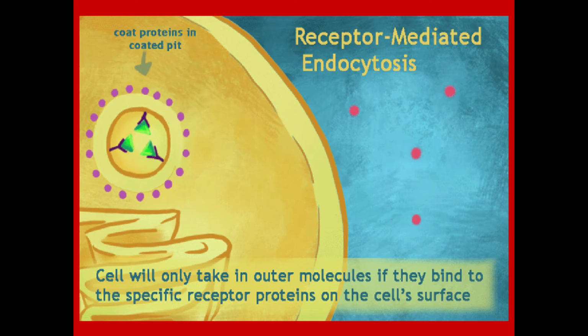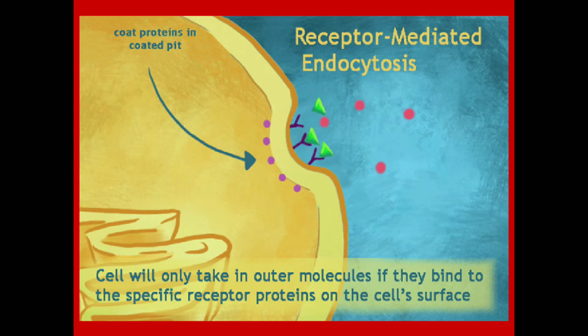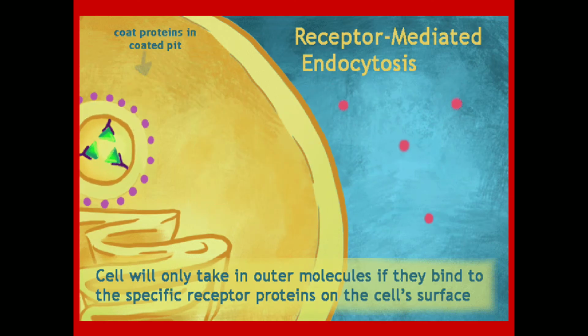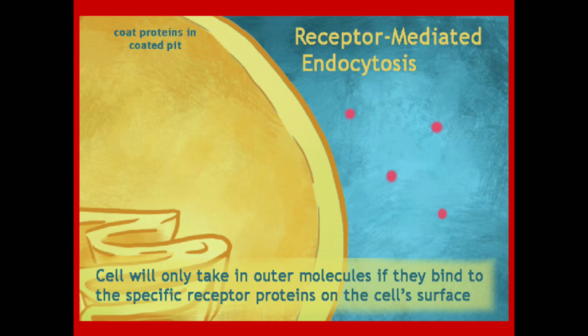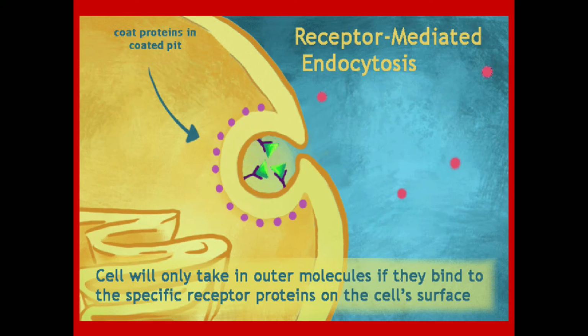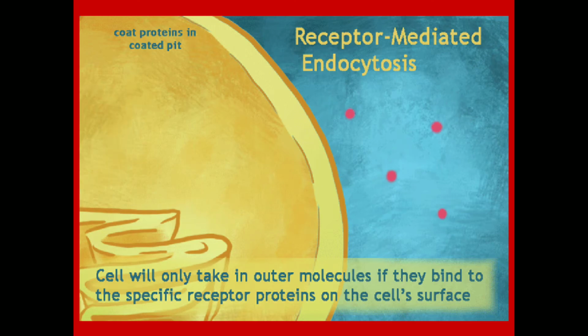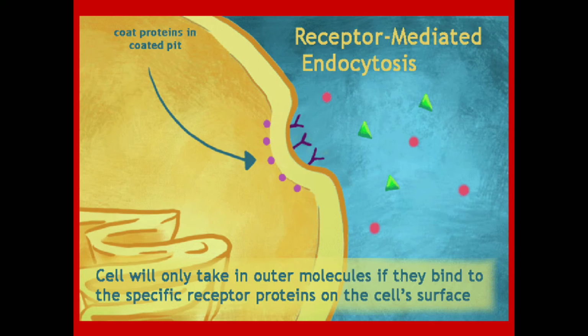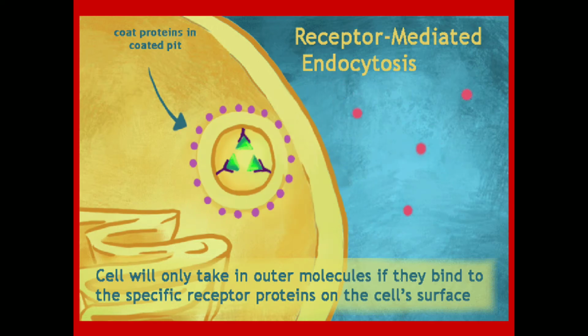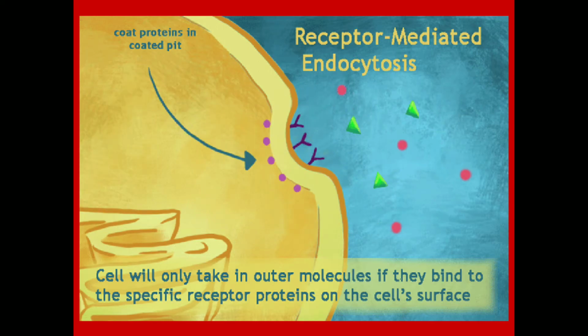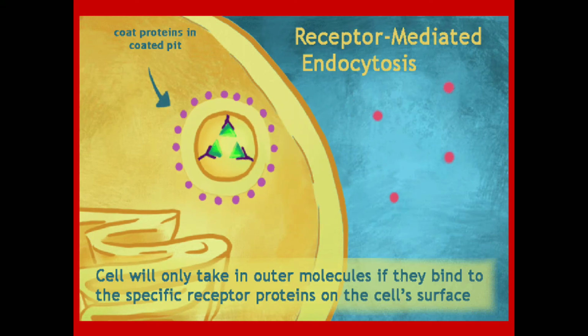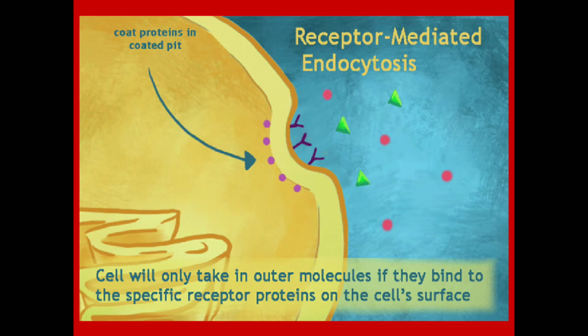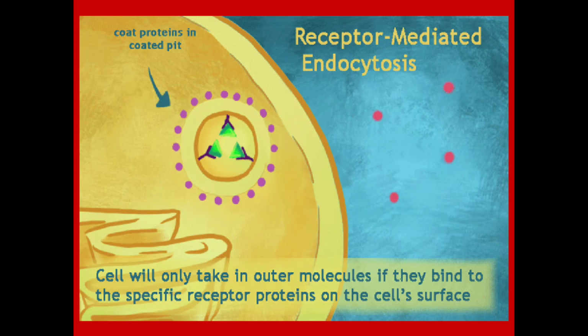For the last type of endocytosis, we have here the receptor-mediated endocytosis. It is a targeted variation of endocytosis. Unlike phagocytosis and pinocytosis, there is a protein receptor in this type of endocytosis.